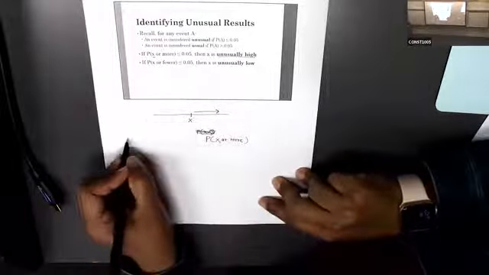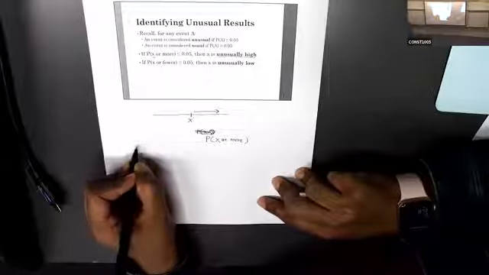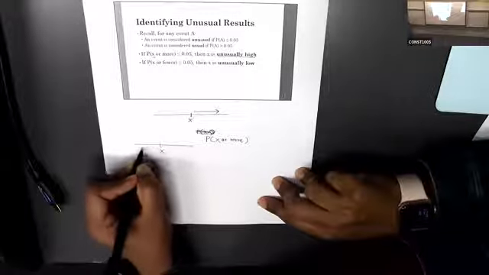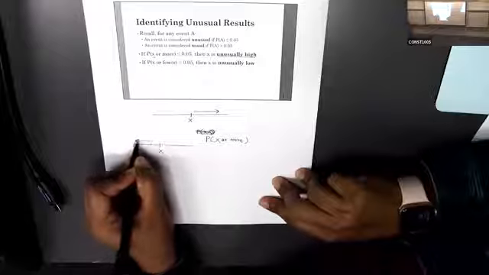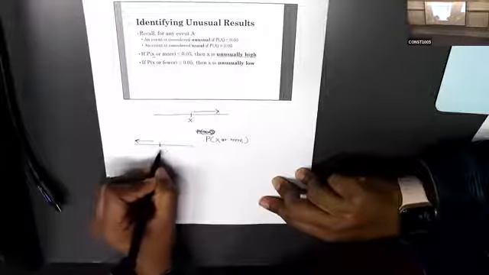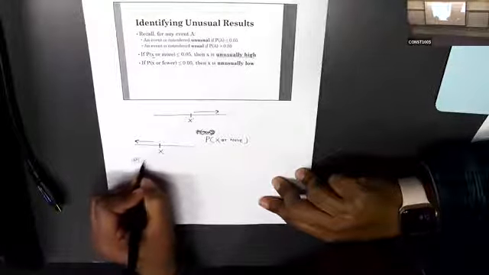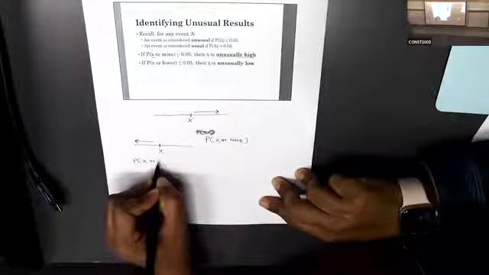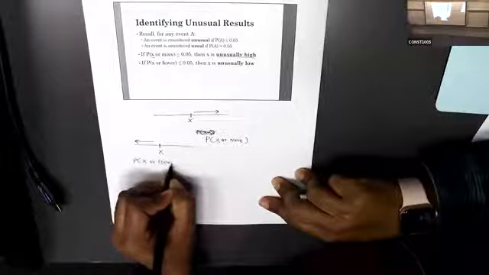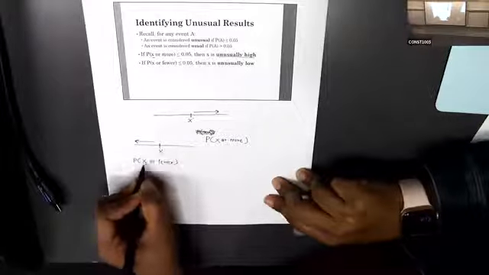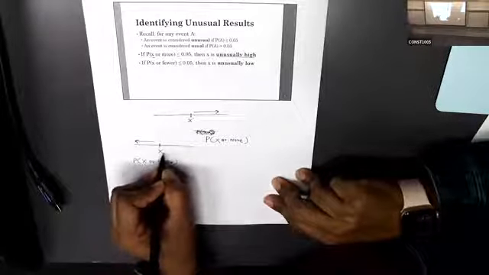The other way is you can have x values less than this value. Then we can say the probability of x or fewer values. Okay, that means suppose here x is 5.